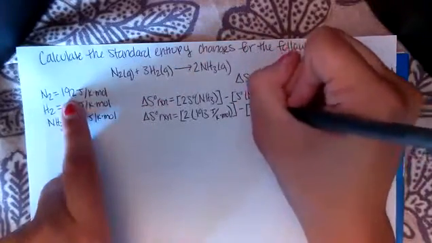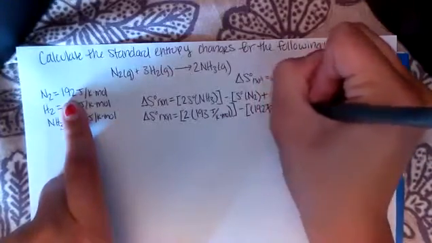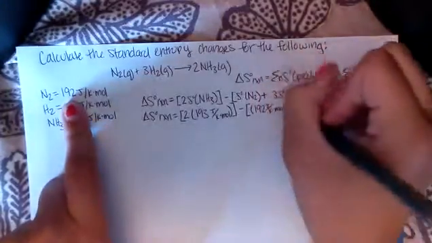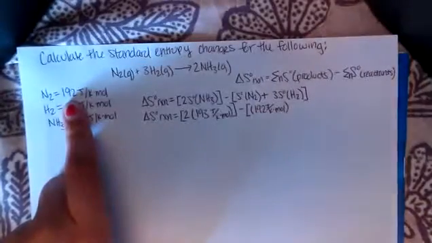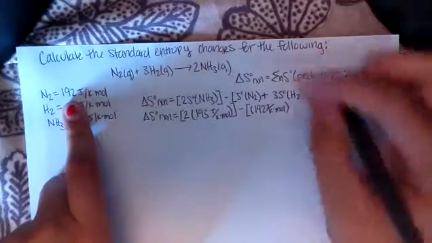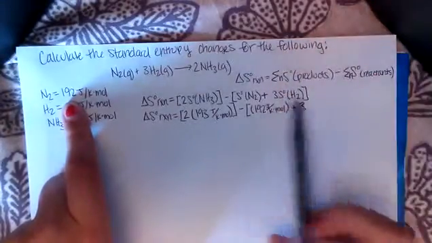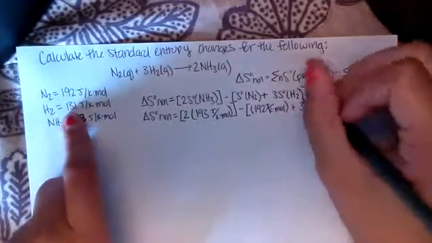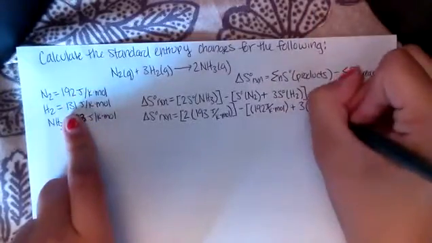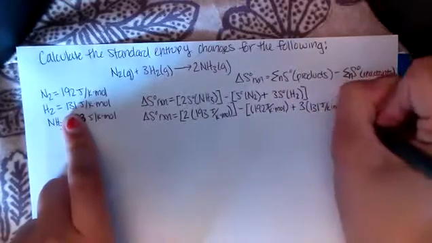So whatever N2 is. And again, I'm writing out all of the units because that's just a really good way in chemistry of keeping track of what you're calculating. So I would suggest it for everything. Plus 3, remember the coefficient, times H2, 131 joules per K per mole.